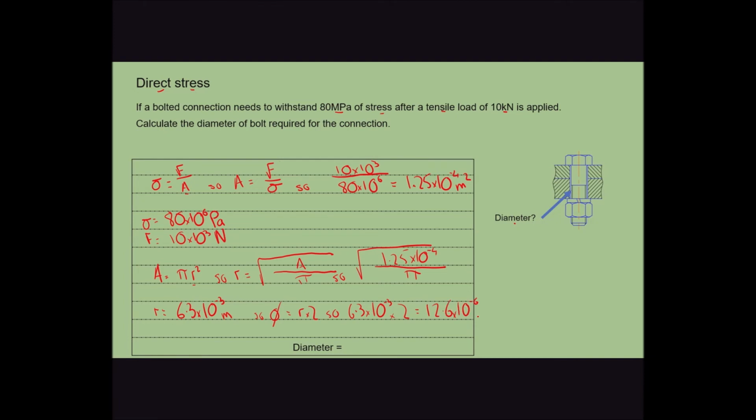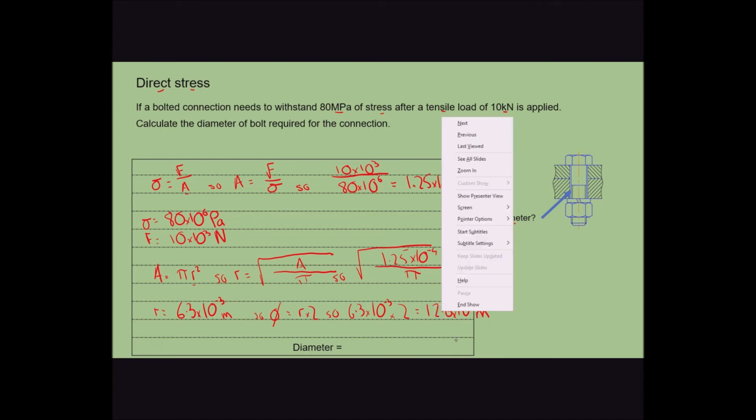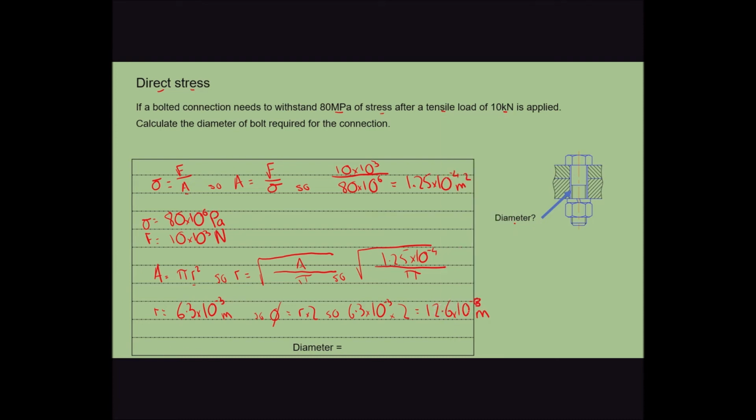The diameter is a linear dimension, so the units are meters. Oh sorry, 10 to the minus 3 that should be. I got a bit carried away there. Okay, 12.6 times 10 to the minus 3. Now, to turn that into millimeters, which might make a little bit more sense for you, we simply multiply that by 1000, and we'll get an answer of 12.6 millimeters.